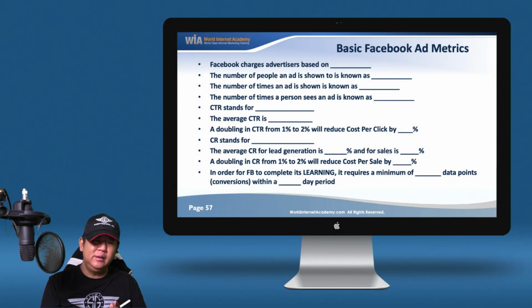So what does it mean for you as an advertiser? Remember that when we first started this training, we looked at the importance of Facebook's machine learning and artificial intelligence, and they, being scripts, need the right feeding of information.